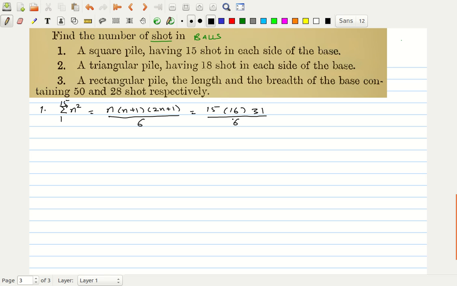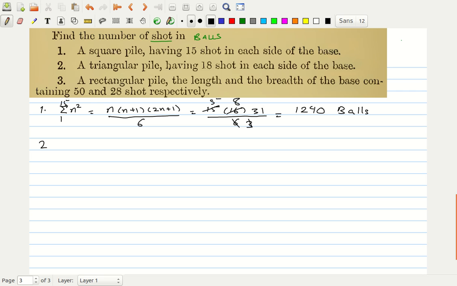So this is actually equal to 3 and 8, and this is 5. So 5 times 8 is 40, and 40 times 31 is 1240 balls.